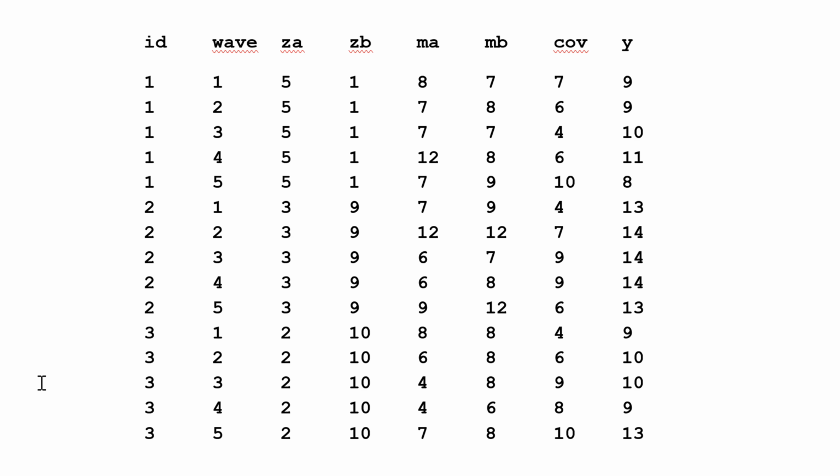The time point is the variable called wave, and note that the variables ZA and ZB are time invariant, but the other variables are time varying. I have a program on the website called wide-to-long data format that will convert a traditional data file with individuals as rows and variables as columns to long format. So you can use that program to set up the data properly.